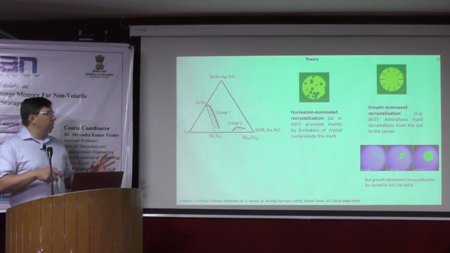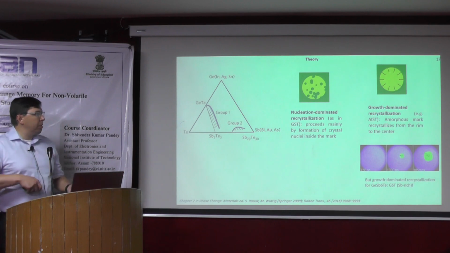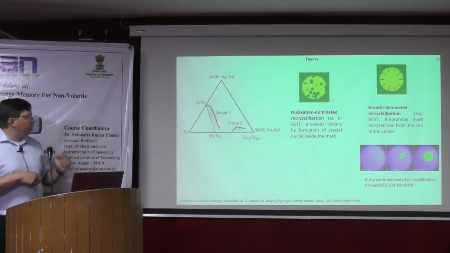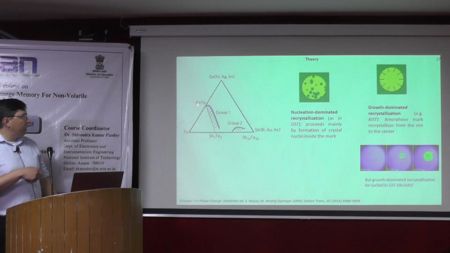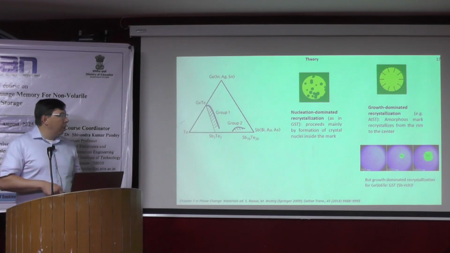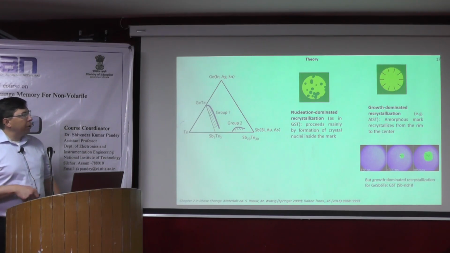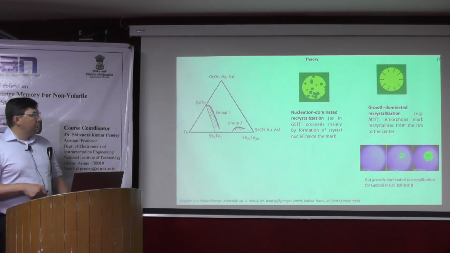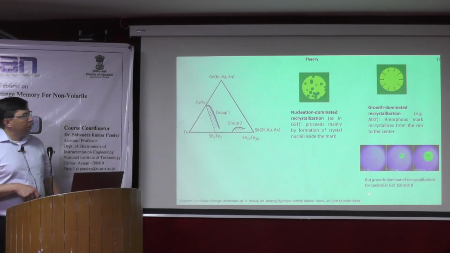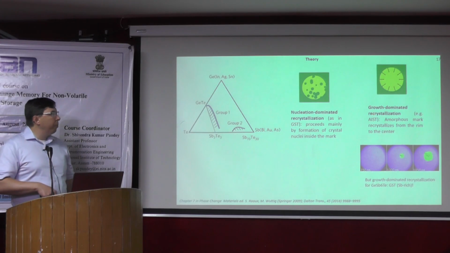They possess either nucleation-dominated recrystallization or growth-dominated recrystallization. One group is the germanium telluride, antimony telluride phase change materials, which lie on this timeline, like GST. And the growth-dominated recrystallization materials are AST or antimony-rich alloys, like germanium 6 tellurium.